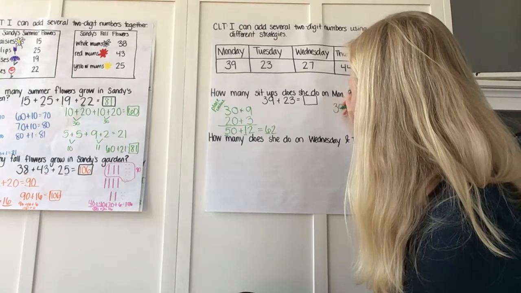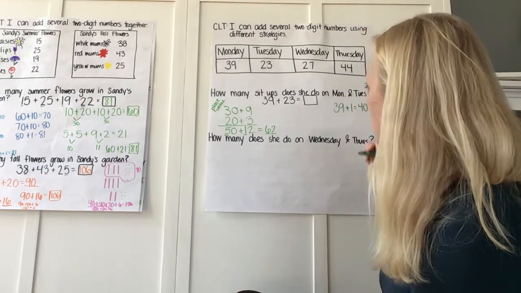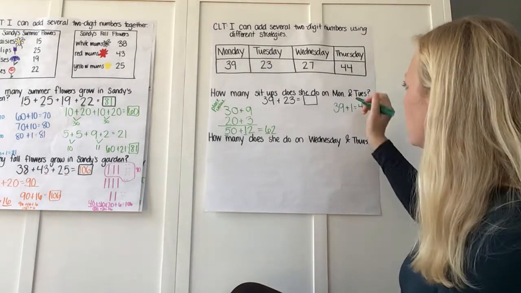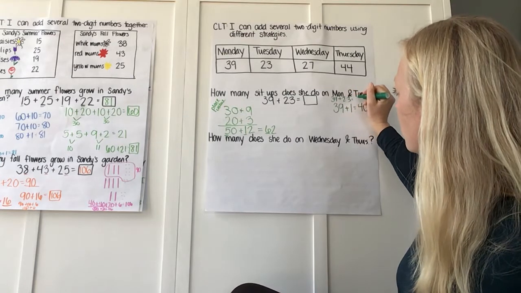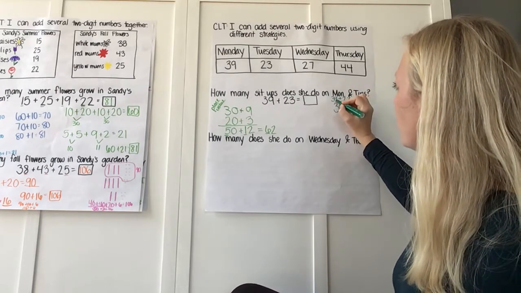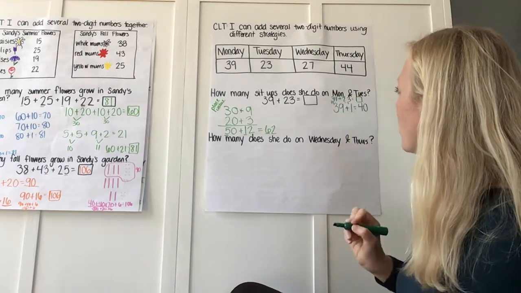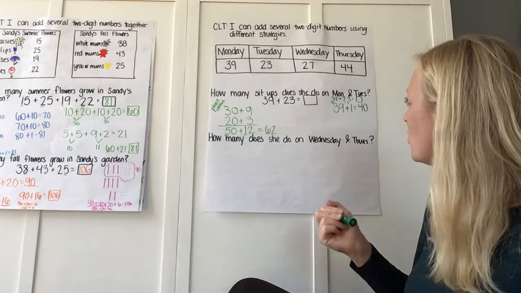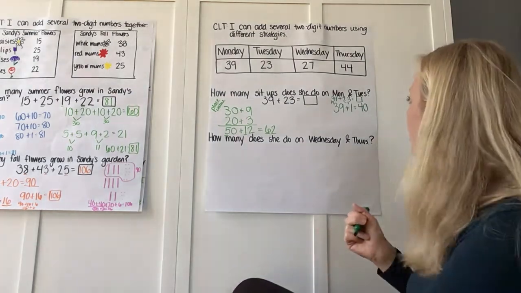You wrote 39 plus 1 equals 40. Where did that 1 come from? Oh, so you took 1 away here and you added 1 there. Why did you add 1 to 39? Trying to get to that 10. So then what did you do?